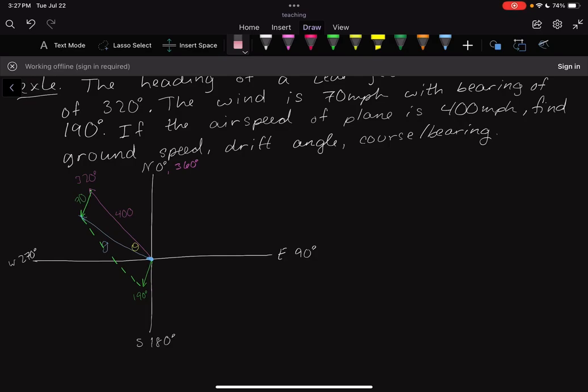So the angle on the right, I see that the pink line here, where the plane was trying to go, is 320 degrees. This green line down here with the wind is 190. So my question to you is, how big is this spot right here? How much is it from 190 to 320?